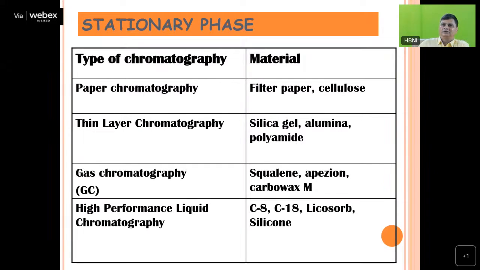So the stationary phase varies as per the type of chromatography. In paper chromatography, the stationary phase is either filter paper or cellulose.